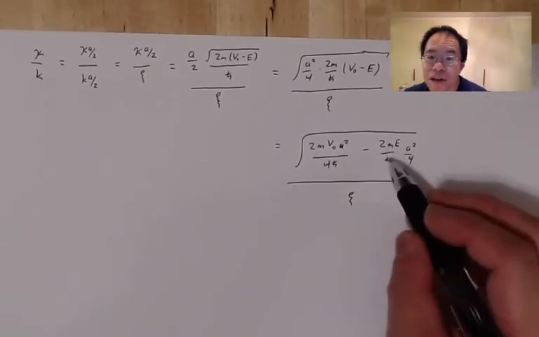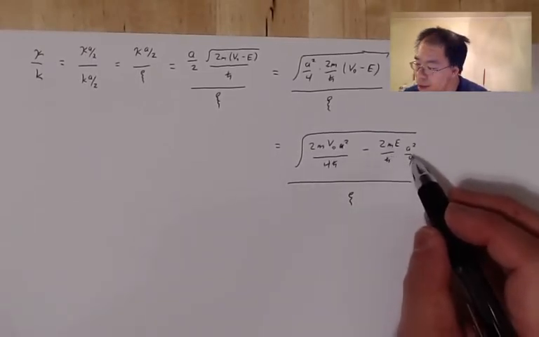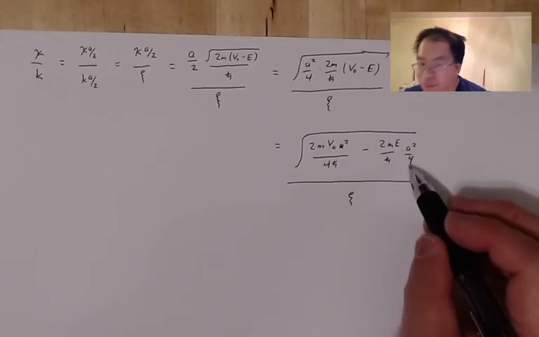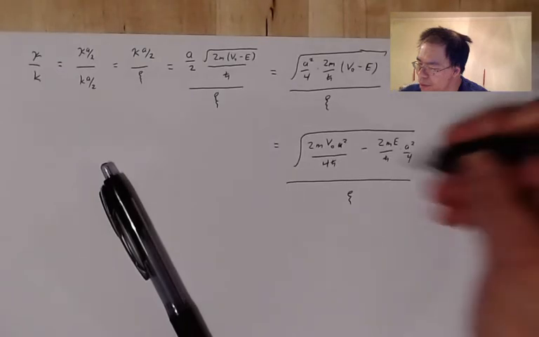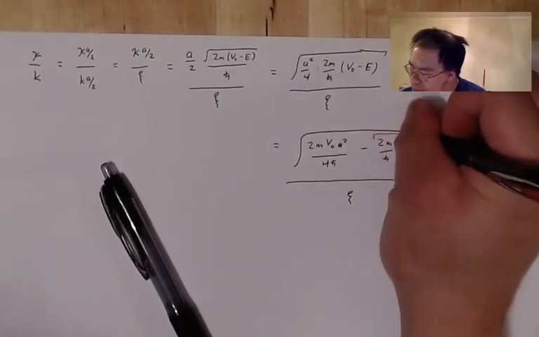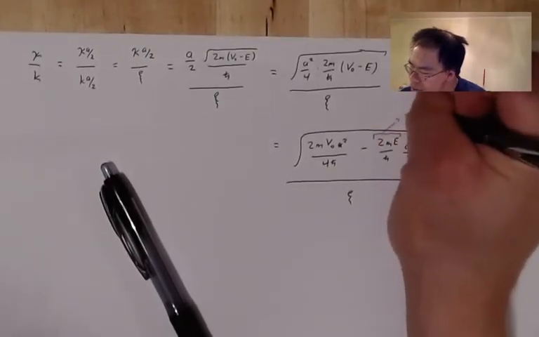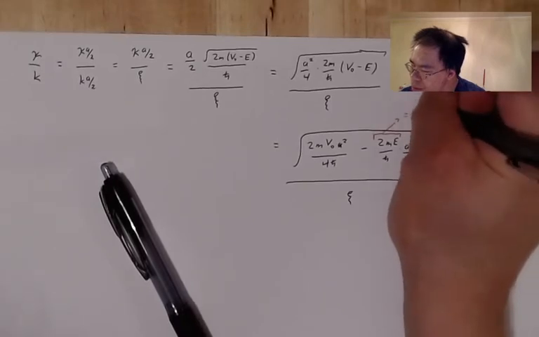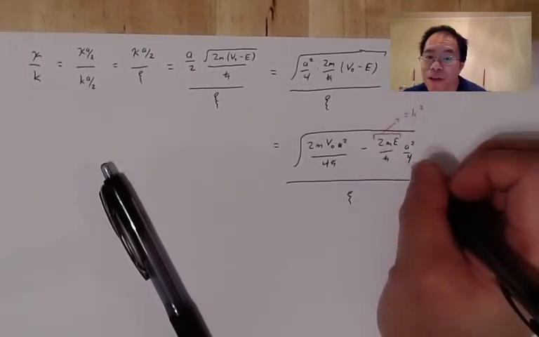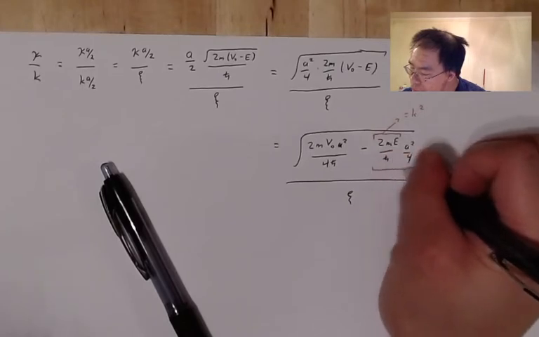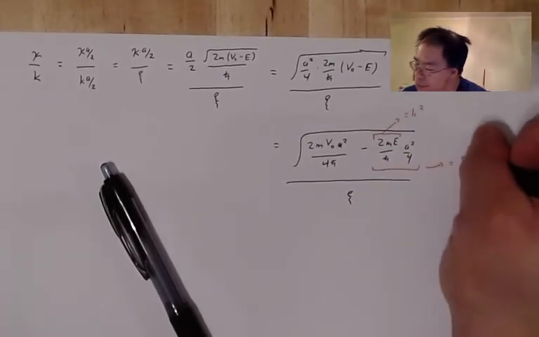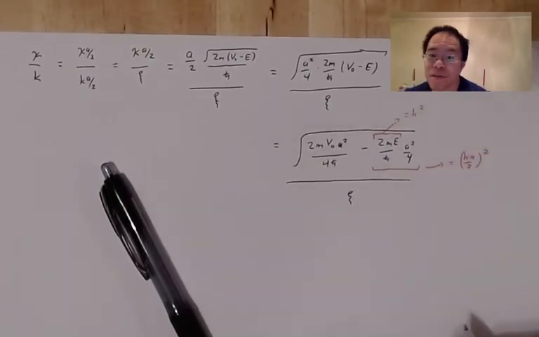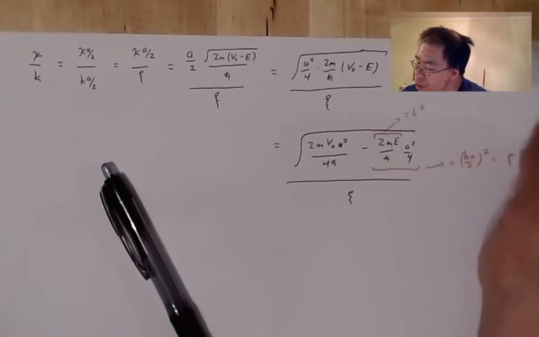Well, this is none other than k squared, and this is a over 2 quantity squared. This piece is equal to k squared, and so all of this ends up equaling k a over 2 the quantity squared, which is none other than xi squared.